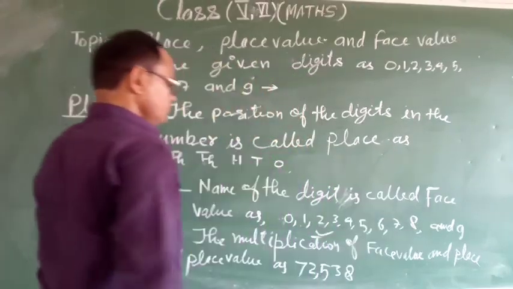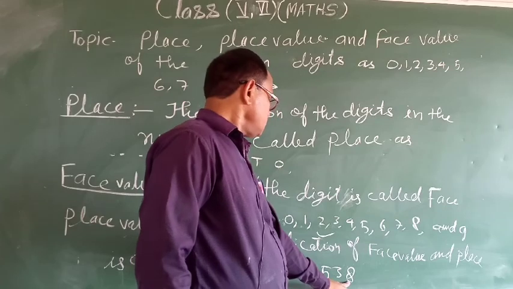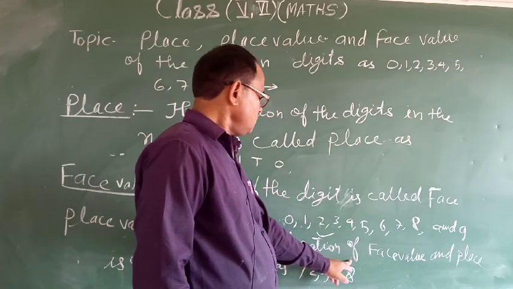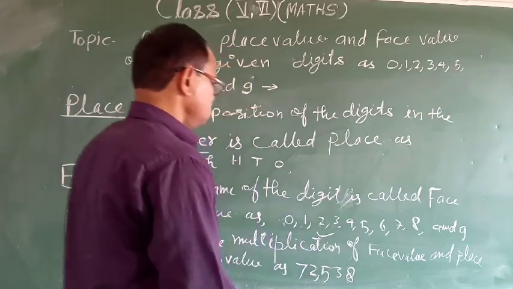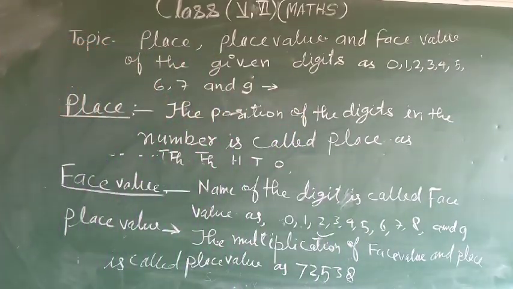Okay, student. Here face value of 8 and place value ones. 8 into 1 is called a place value. Okay, student.